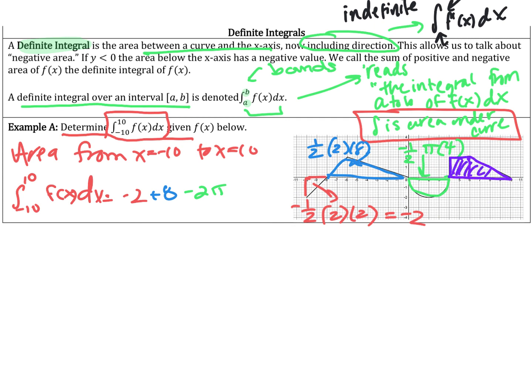I'm going to go the trapezoid route. So the area of this trapezoid is 1/2 times the height, which is 2, times what I get when I add the bases together, which is 2 plus 6. So that's going to give me 8. And if I add all of those areas up together, I'm going to get 16 minus 2 is 14 minus 2 pi units squared. So that's where we're going to stop in this video today.